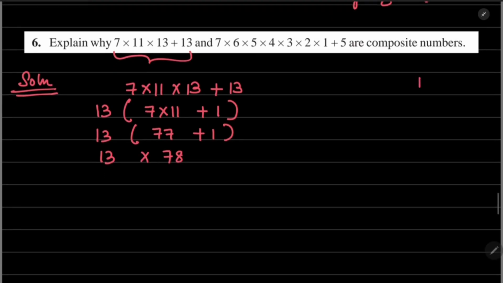Let's find out the product. 8 3s are 24, 4 2, 8 1s are 8, 9 10, and then 7 3s are 21, 1 2, 7 1s are 7, 8 9. Okay, so the product is 1014.